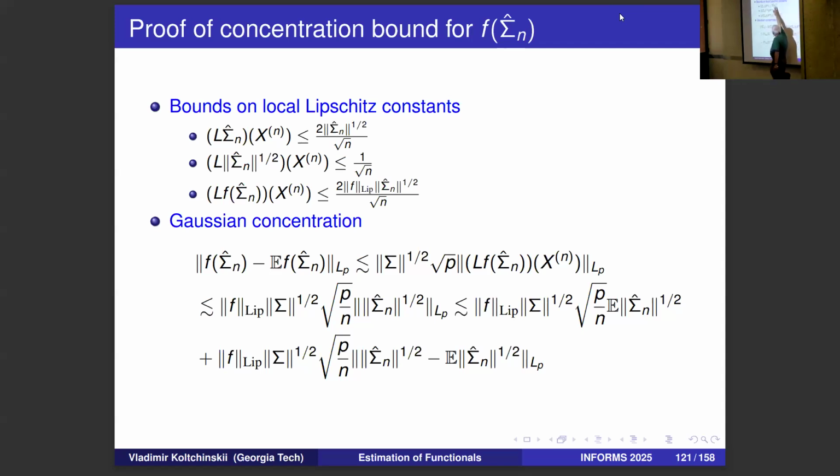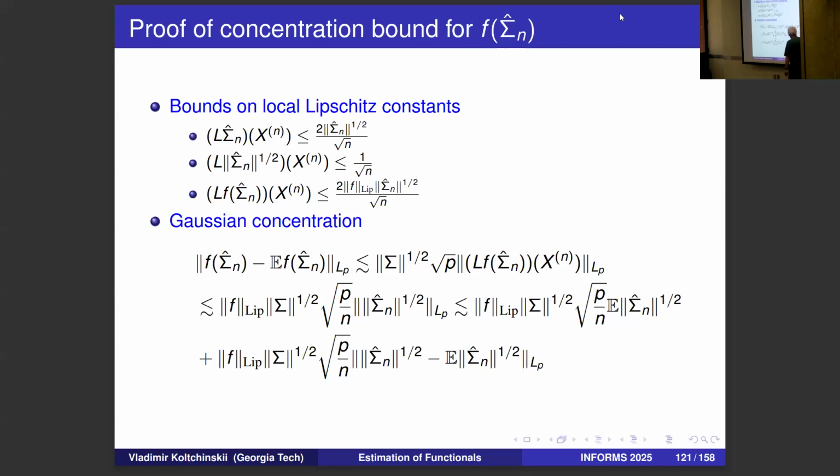So this norm sigma n hat to the power of 1/2, this is something random, and for this we need to control the LP norm, right? And then we basically add the expectation of this thing and subtract the expectation of this thing, and rewrite it as a sum of two terms.